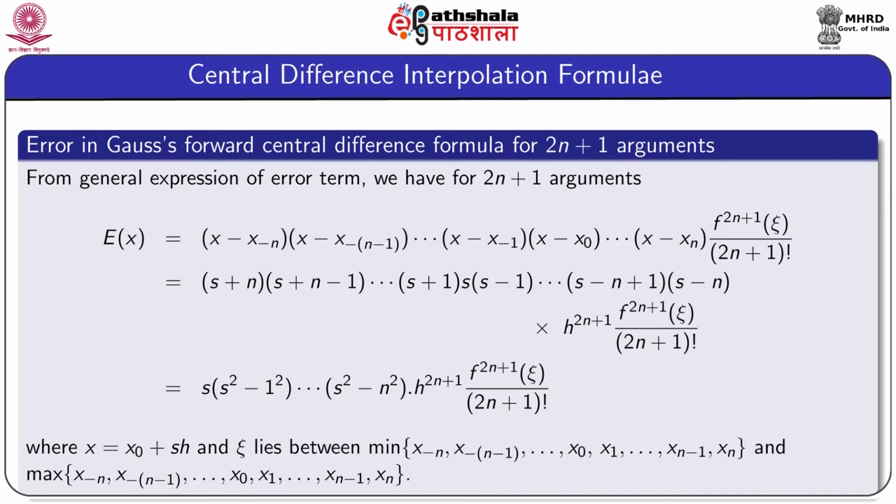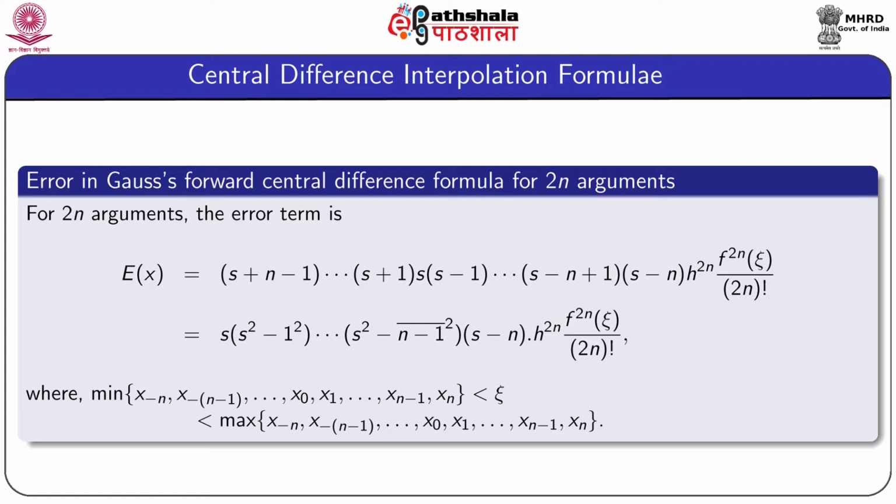So, substituting the value of x in terms of s, the entire expression is simplified as s into (s square minus 1 square) up to (s square minus n square) into h to the power 2n plus 1 into 2n plus 1 derivative of f at xi by factorial 2n plus 1, where the value of xi lies between the maximum and minimum among the arguments. So, we can write min of x minus n up to x n less than xi less than max of x minus n up to x n.